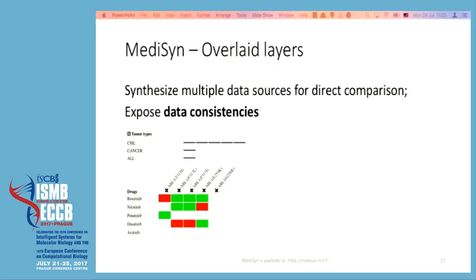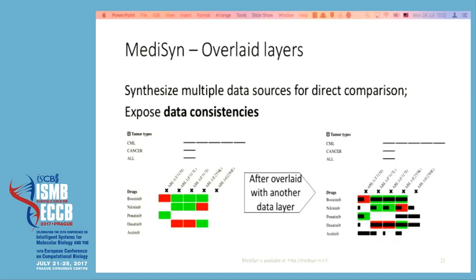So when we turn on another dataset, it will be shown on top of the first data layer. And in this way, we can expose the data consistency states. If there are long black bars on top of the green bars, we can see the two datasets give consistent results about the drug target relations. Where there are long black bars on top of the red bars, it shows the two datasets give inconsistent results.